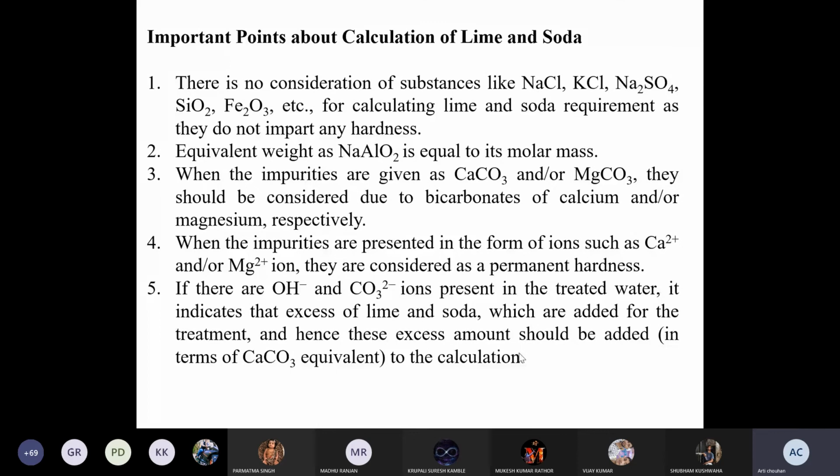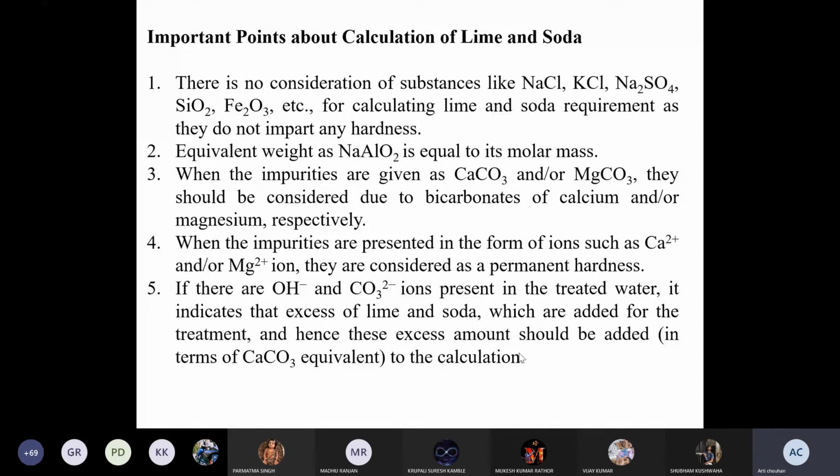As you know, all these are either lightweight elements or oxides of some metals. They are not causing any type of hardness, and they will not consume any lime and soda. They do not have any reaction with the lime and soda. So for calculating lime and soda requirement, they do not impart any contribution.